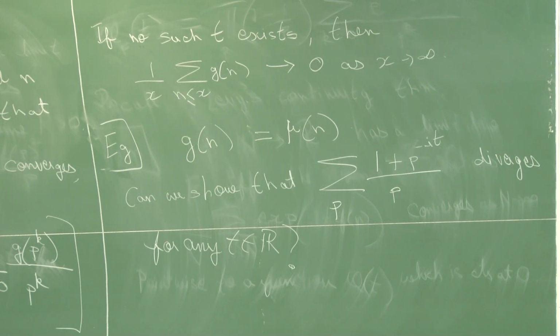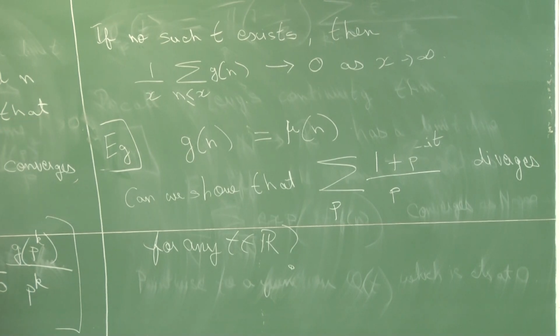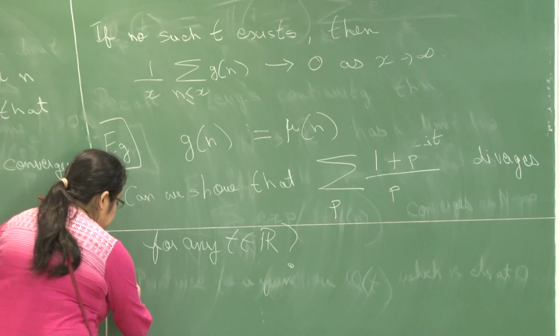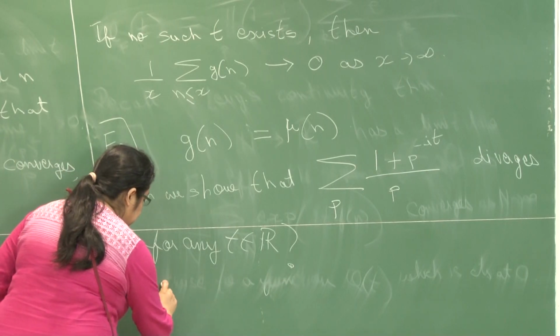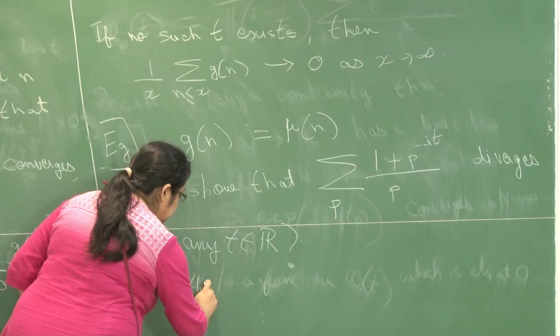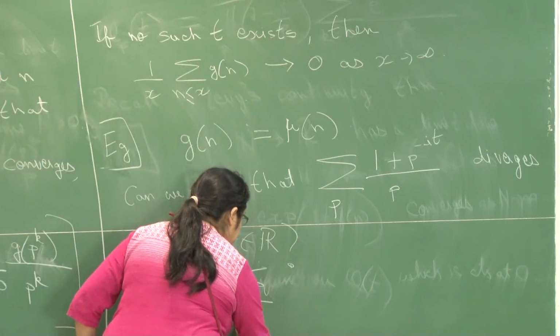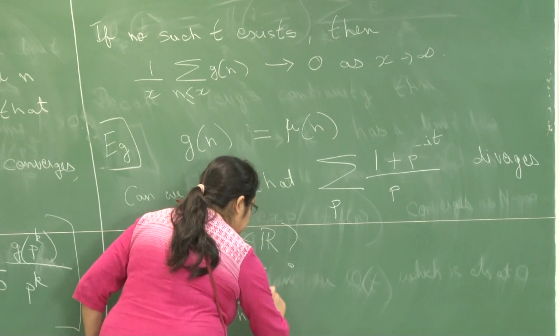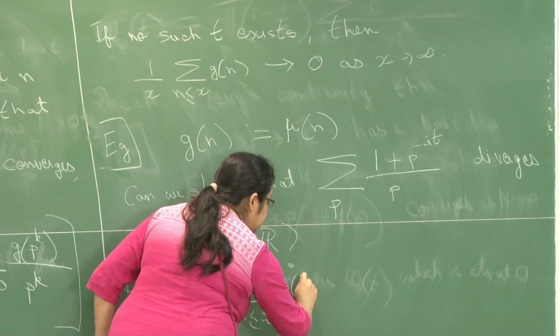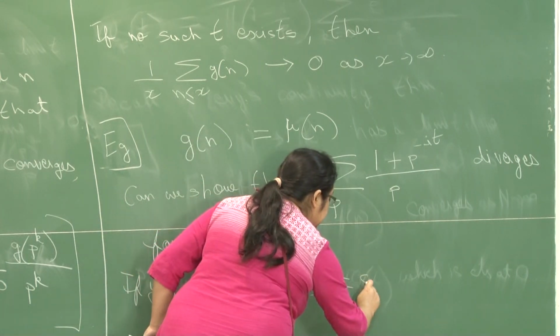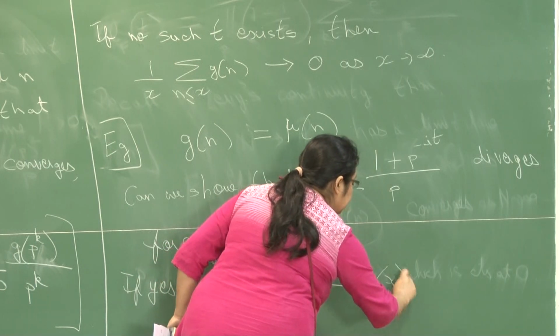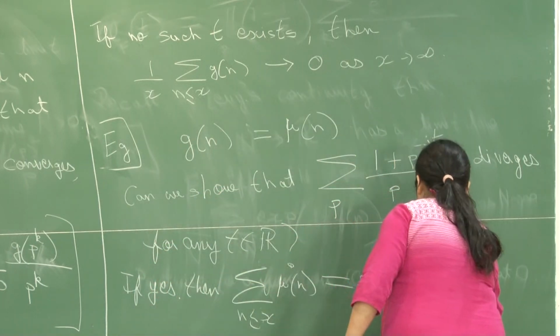If you can show this, then by the theorem that we just stated, what we get is that the partial sums of the Mobius function are little o of x as x goes to infinity.